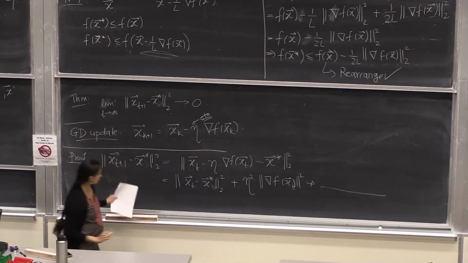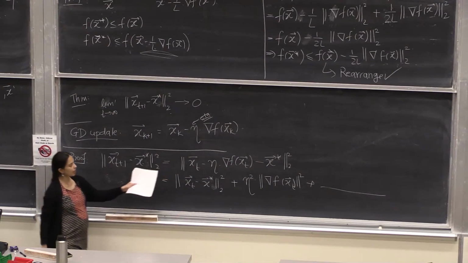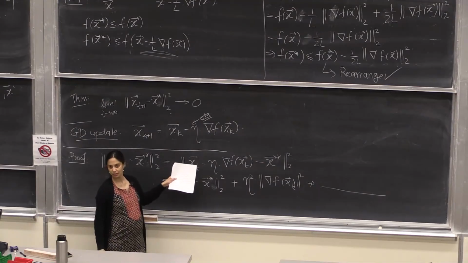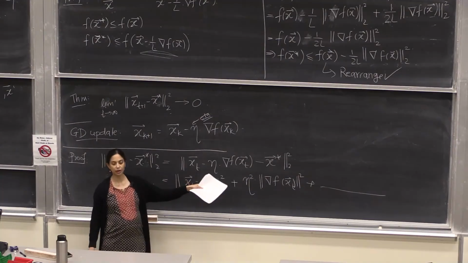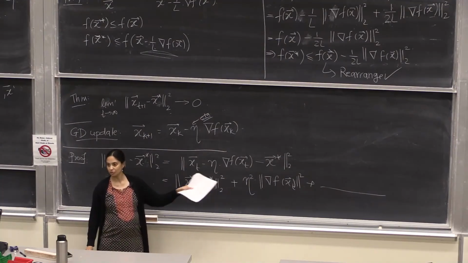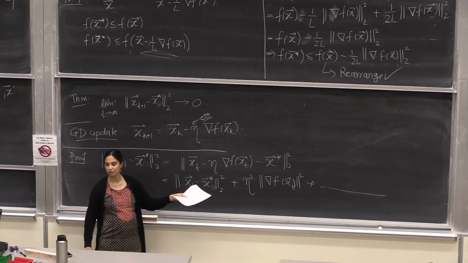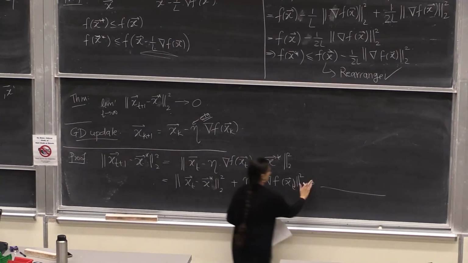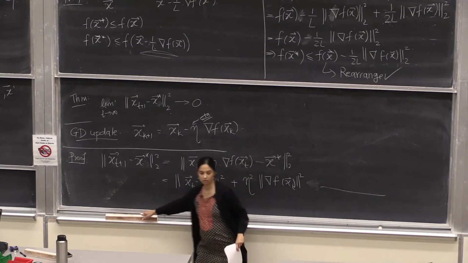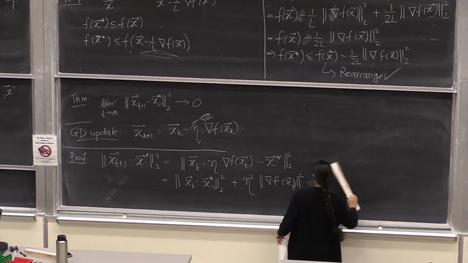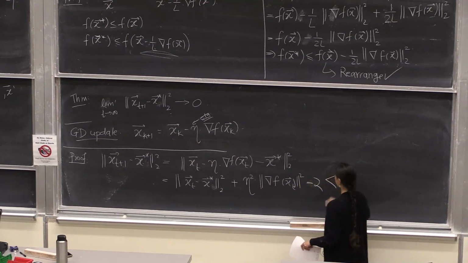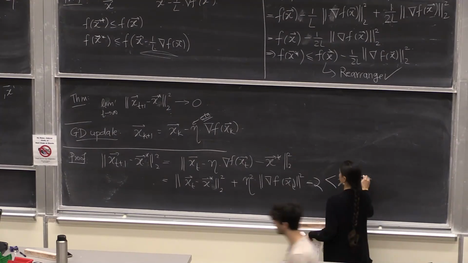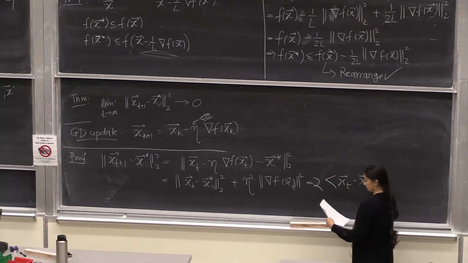Okay. Good. So now when I have some a minus b whole squared, right? It's a squared plus b squared minus 2ab. So now what's the term that's missing here? What's the term that's missing? 2 times the inner product between xt minus x star and what?